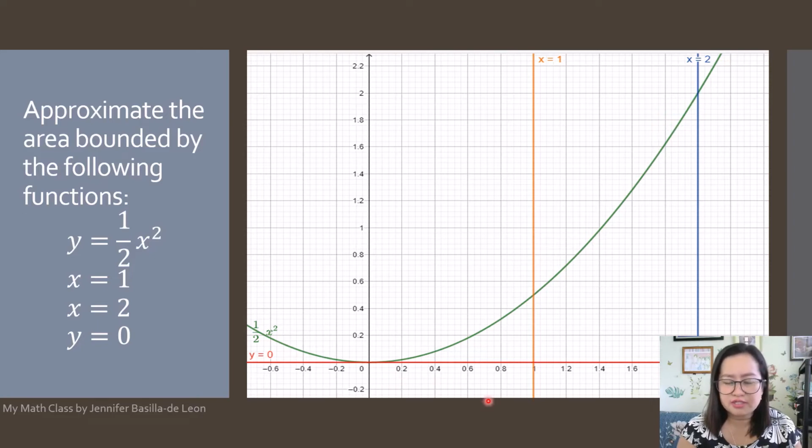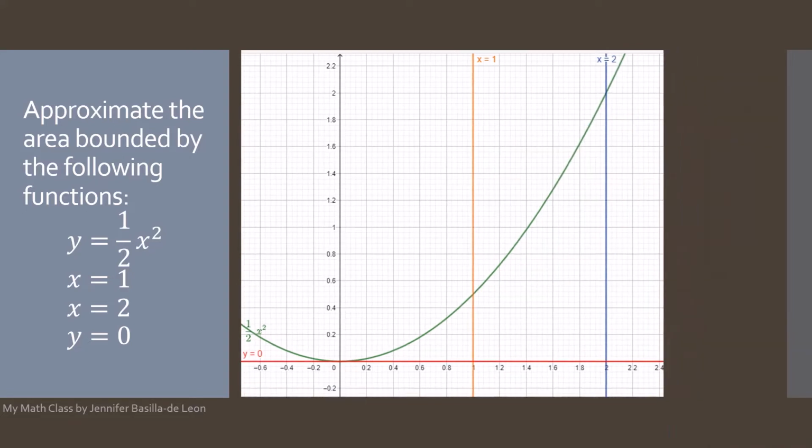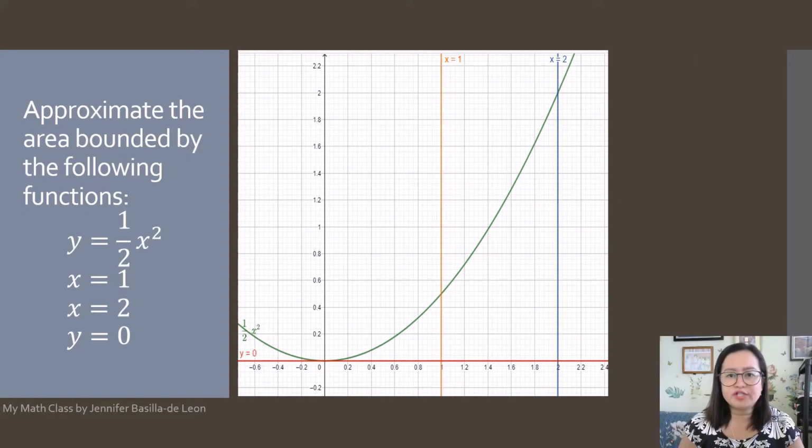So in this case, we are asked to find the area of this region. Now first we have to determine the closed interval at which the function is considered. So with the given example, we have a, and then we have b.